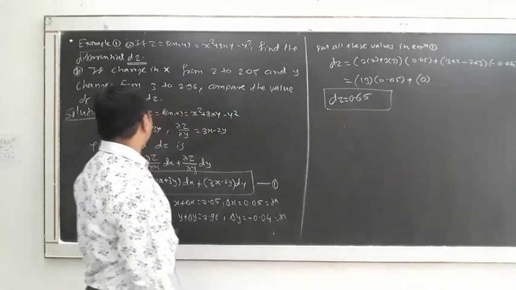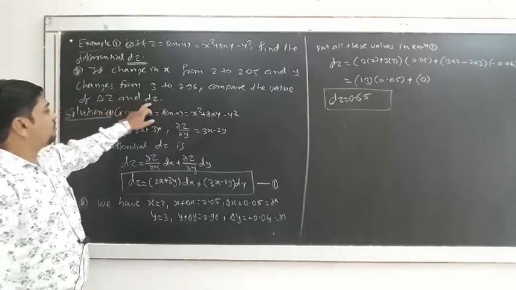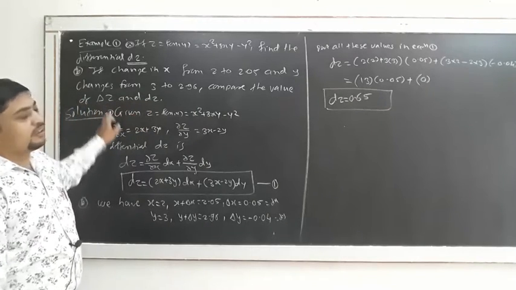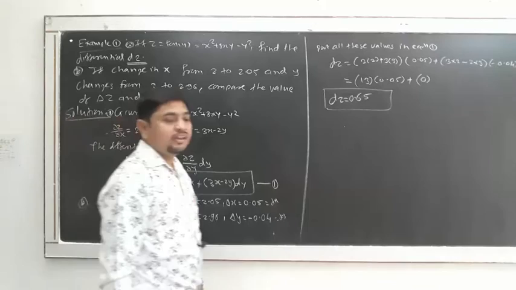Now what do we have to find next? We have to find delta z, that is the increment in z.